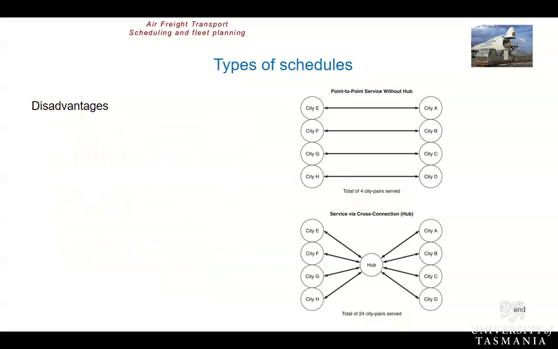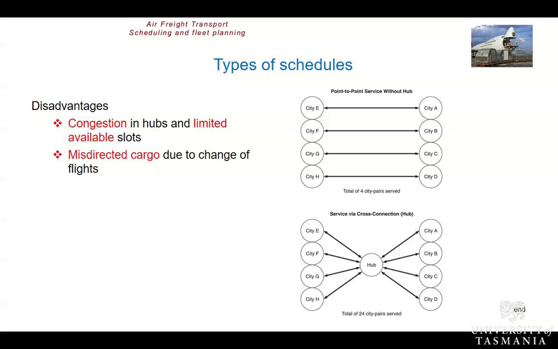Now, it does have some disadvantages. In most cases, at a hub, there's a lot of congestion, and a lot of those hubs, as the volumes, not only of passenger but cargo, increase, there's a limited availability for you to get some access to those hubs. So that's one issue. Look, I think the movement of cargo these days is very sophisticated in terms of handling, but I guess you can't discount the idea that the cargo could be misdirected in a hub and spoke type of arrangement.